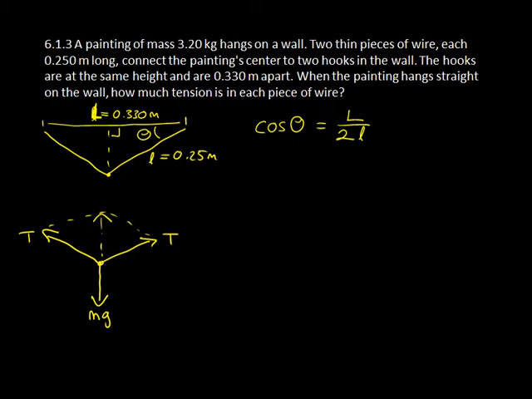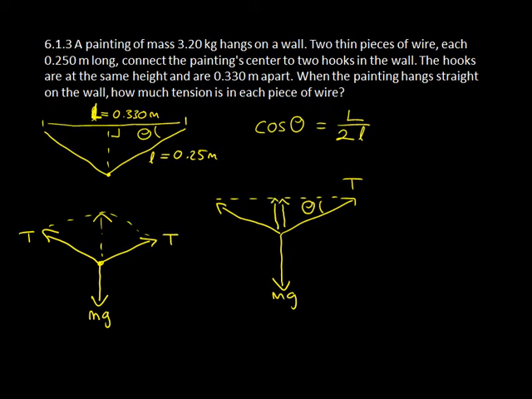Now that I know the angle, I can look at my force diagram a little better. Draw it again. Tension, mg. This is my angle theta. And the component of the tension that acts upward, because there are two ropes, one on either side, they're both going to push upwards.